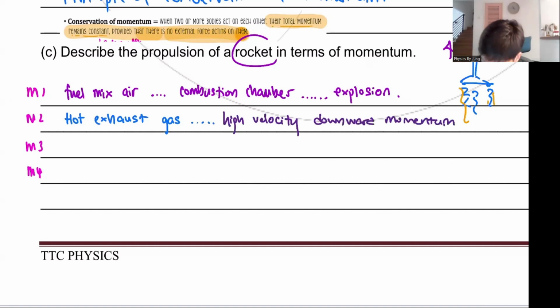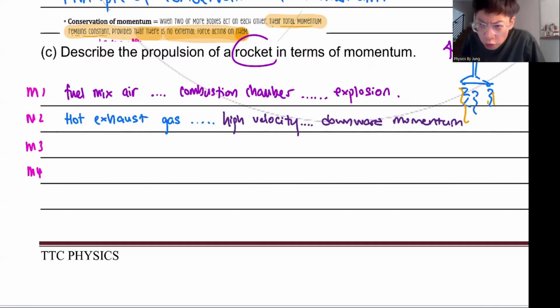So with high velocity, you produce a very large downward momentum. Today I want you to start remembering all these words because most of you have exams coming up, except for the Kajang people.